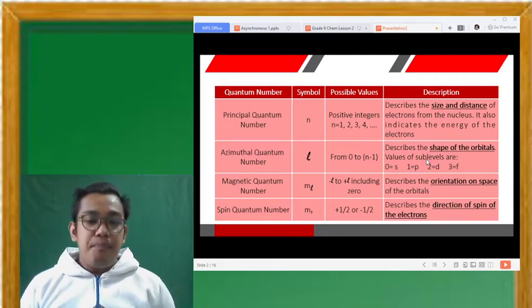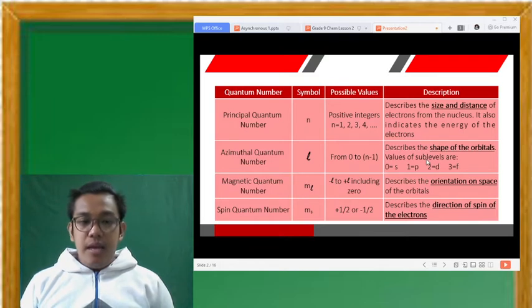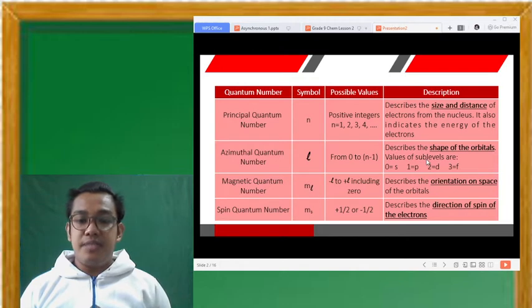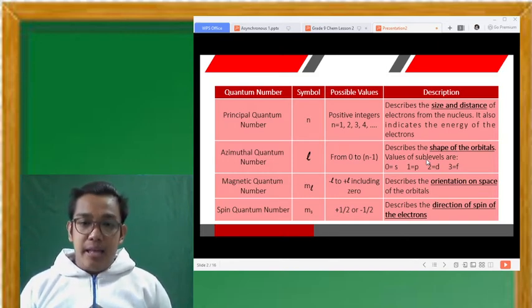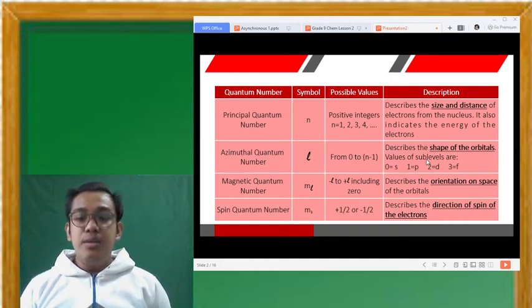All right, in our table of elements. So, the magnetic quantum number. The symbol of this is small letter m with a cursive subscript l. It can be negative l to positive l, including zero.